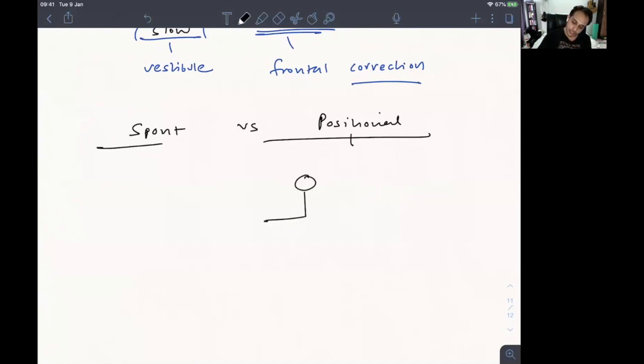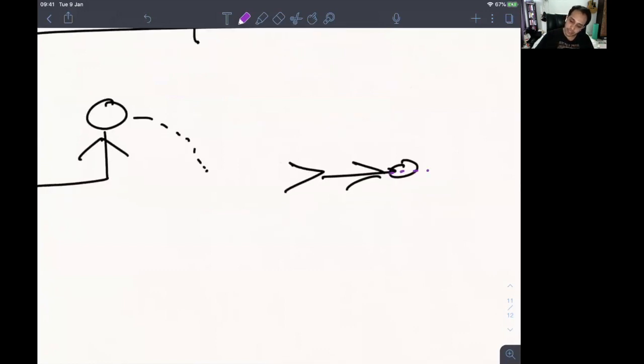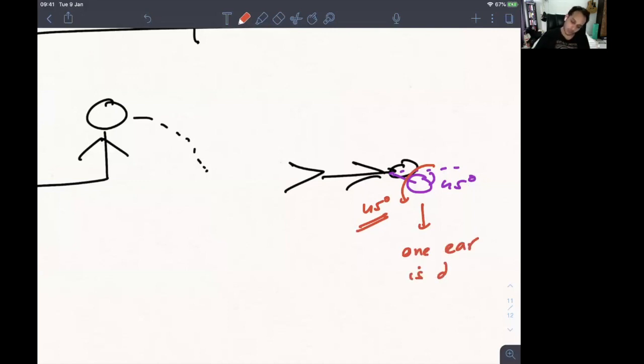So if the patient is sitting like this, we ask the patient to become supine, and we bring down the head by 45 degrees. So now the head will come down here, and we will also turn the head to one side by 45 degrees, so that one ear is dependent. So one ear is towards the ground.